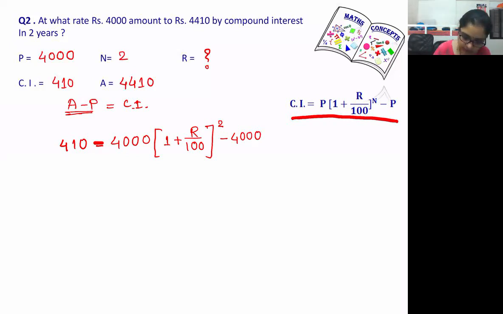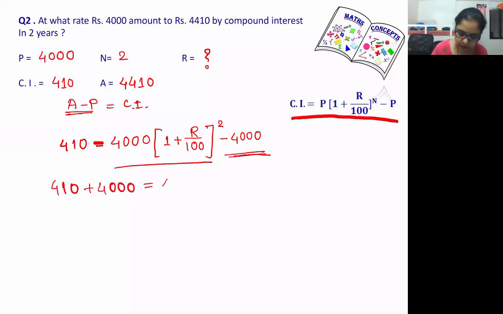Now here I have two terms in this expression, 4,000 and this term. What I'll do, I'll move this minus 4,000 to the left hand side. I'll transpose it to the left hand side, which will give me 410. Here I'm subtracting 4,000. Here I'll have to add 4,000, which will be equal to 4000 multiplied by 1 plus r upon 100 whole square.